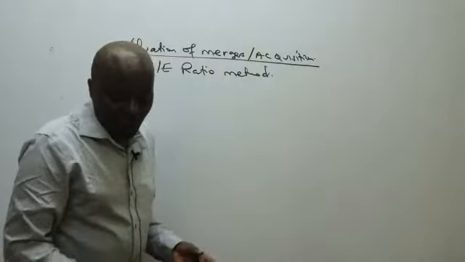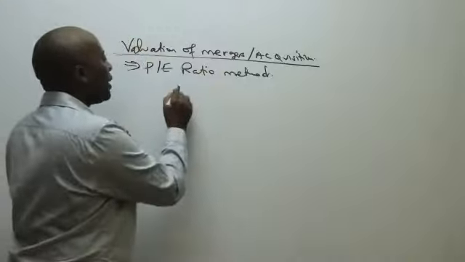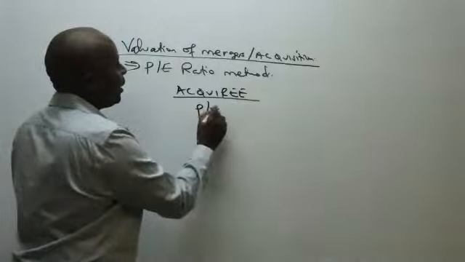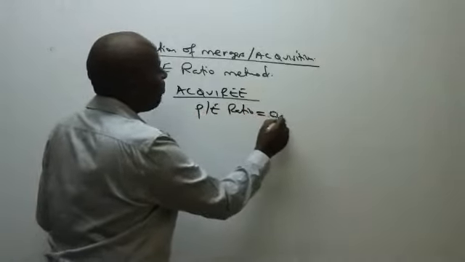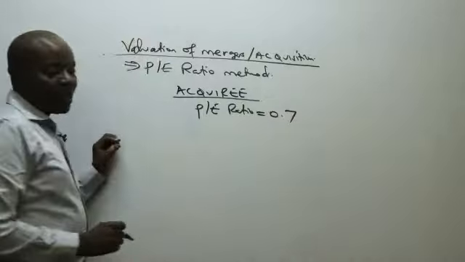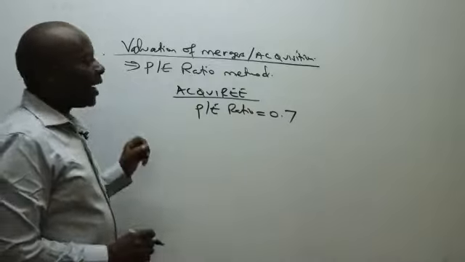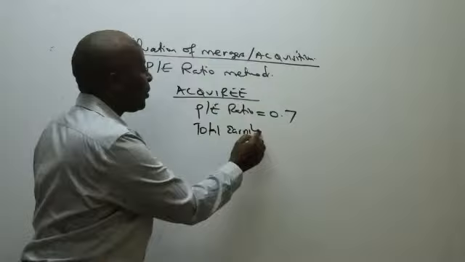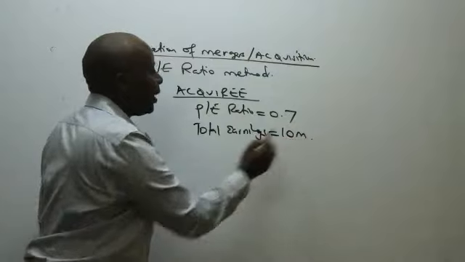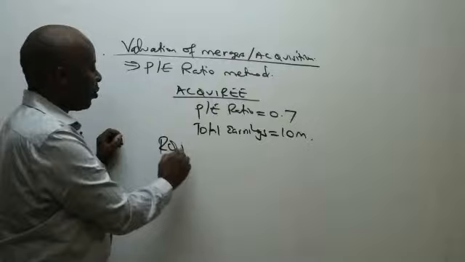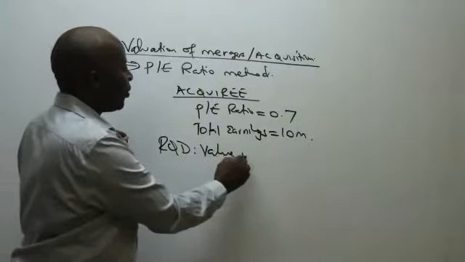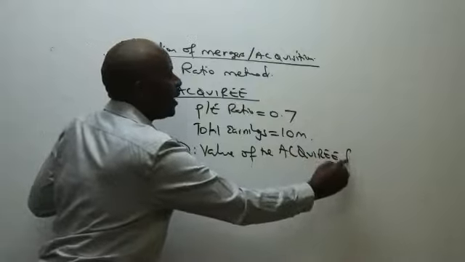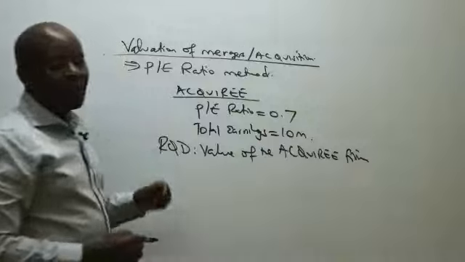So they'll tell you that we have an acquiree organization whose PE ratio is, for example, 0.7, and that the firm's total earnings in a year is 10 million. Then you'll be required to get the value of the acquiree firm, or the targeted firm.